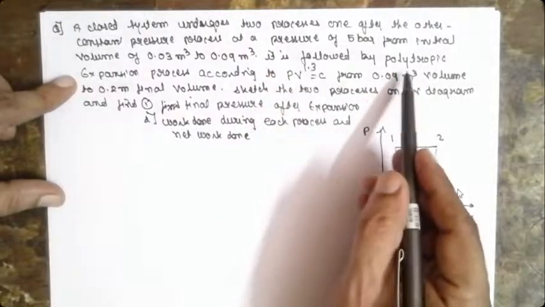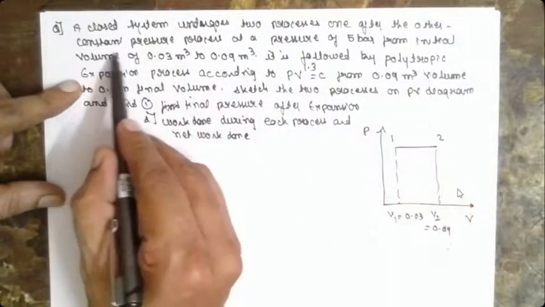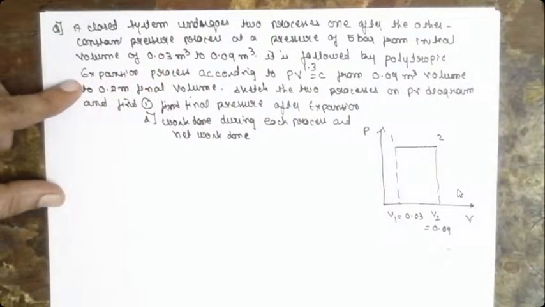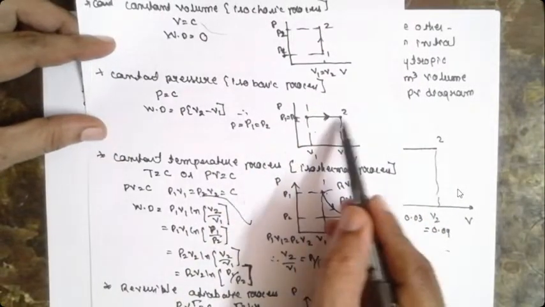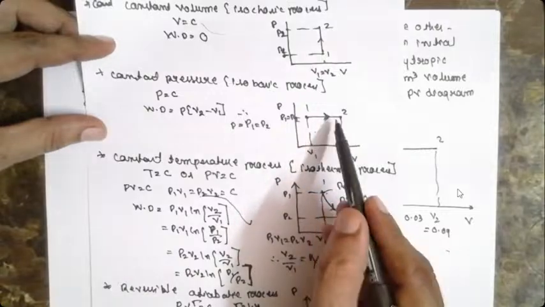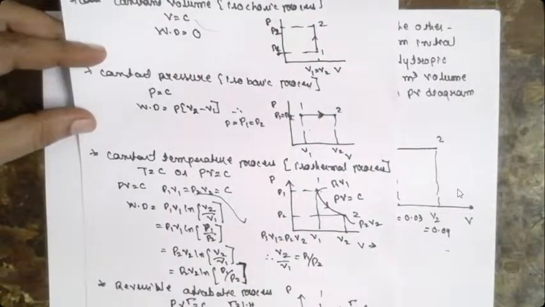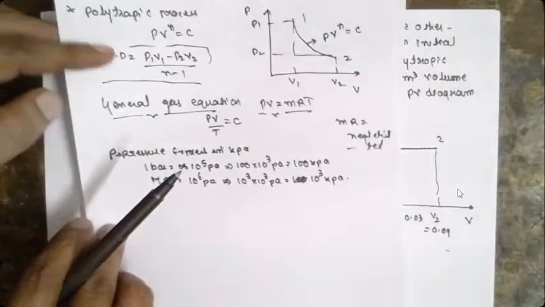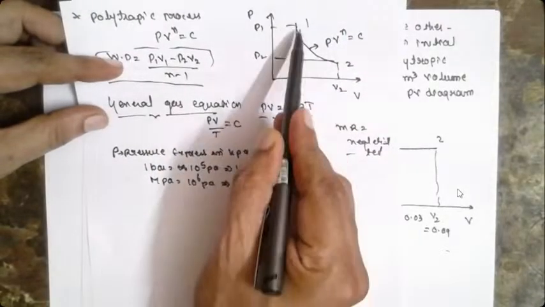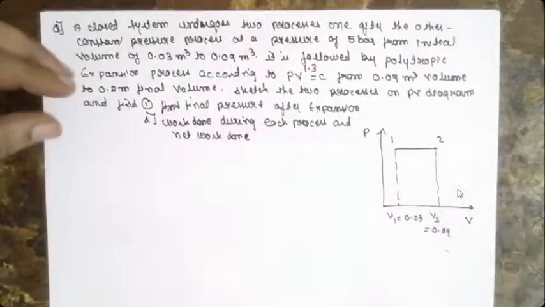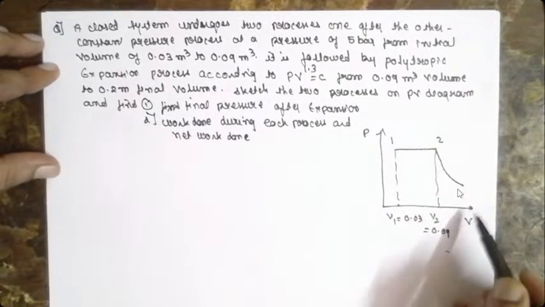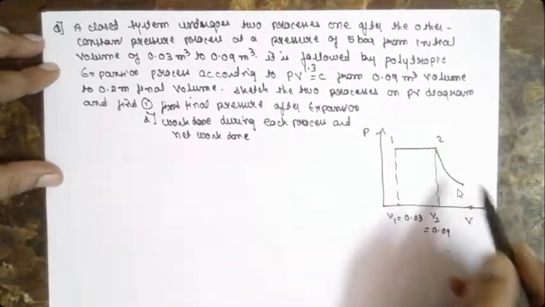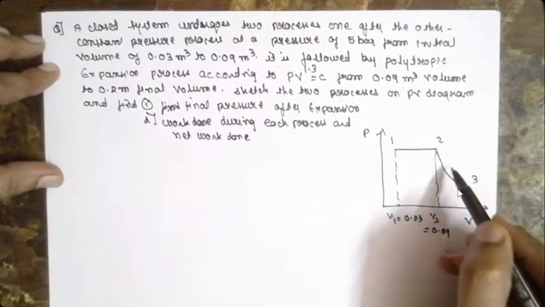It is followed by a polytropic process. Now first is constant pressure, this is the diagram. For polytropic process, this will be the diagram. From 2 to 3, polytropic process.